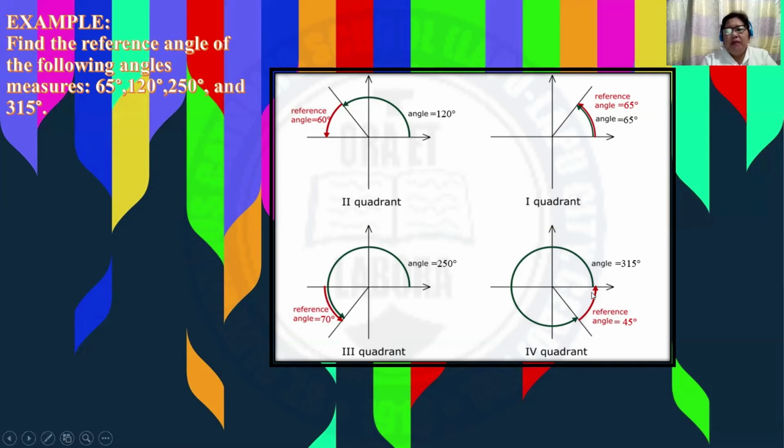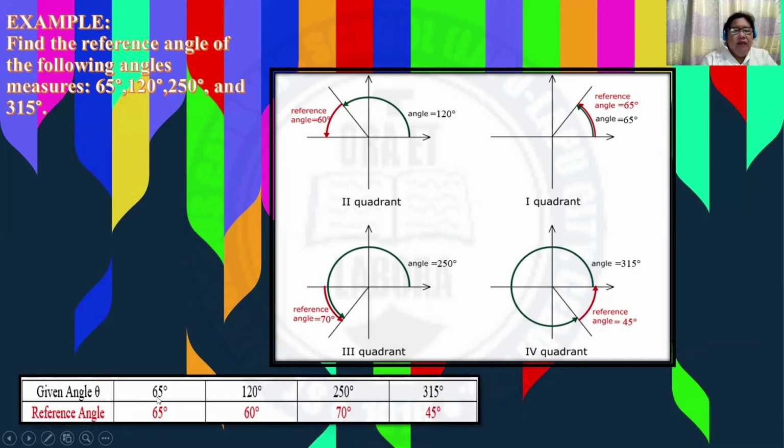And for a 315 degree angle given, the reference angle is 45 degrees. Simply subtract the given angle, 315 degrees, from 360. So the answer is 45 degrees. So the location of the reference angle is between the terminal side and the x-axis.